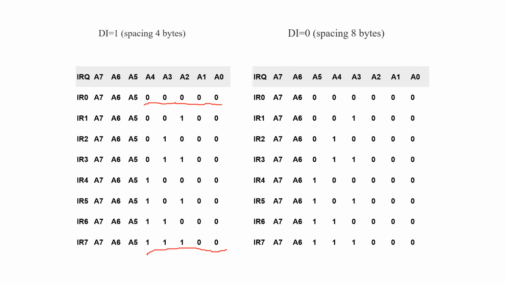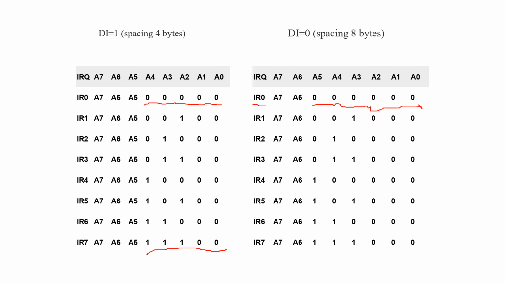When the interrupts are 8 bytes spaced, IR0 line is used to receive the interrupt requests of interrupt type 0, 8, 16, 24, for which these lower 6 bits are same, 000000, and all these interrupt types are differing in their A6 and A7 bits.